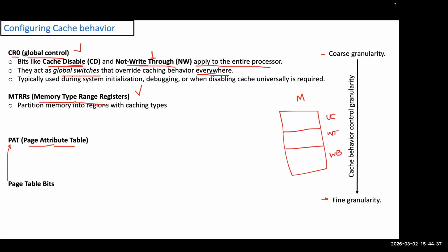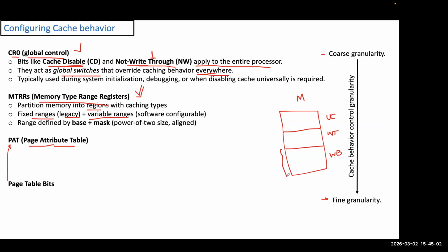This option gives me the possibility to partition the memory into regions with caching types. These caching types were defined for fixed ranges in the legacy systems. In the older systems you had fixed ranges, but now in modern systems, or Intel 64, you have variable ranges of memory.